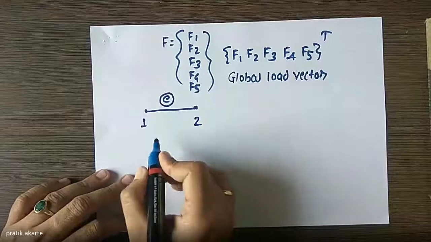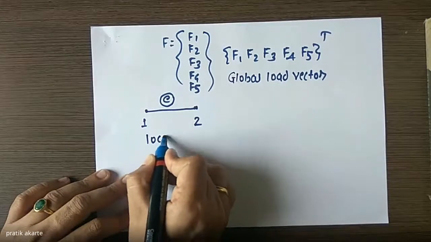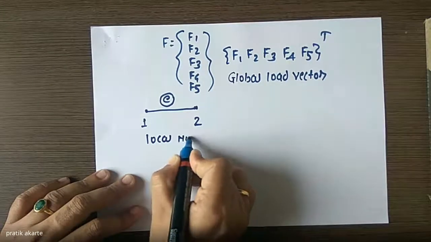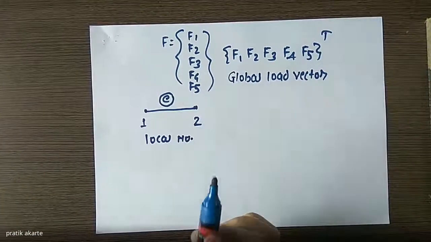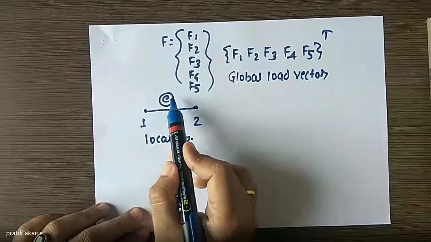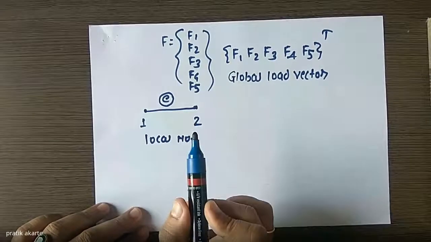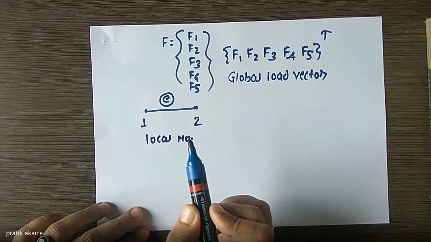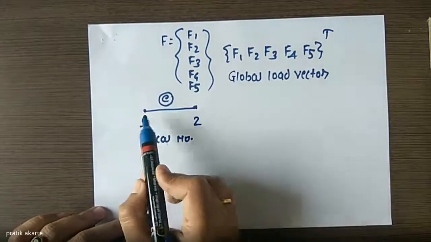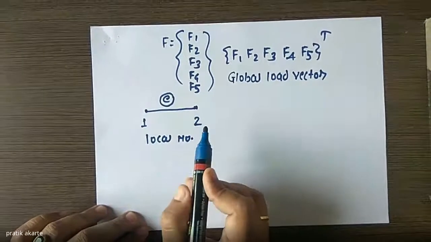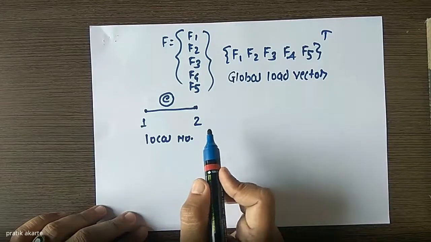So this is called local numbering. Here you see one element, indicated by E enclosed in a circle. This is the sign convention to write the number of the element. And 1 and 2 are the nodes for the element.